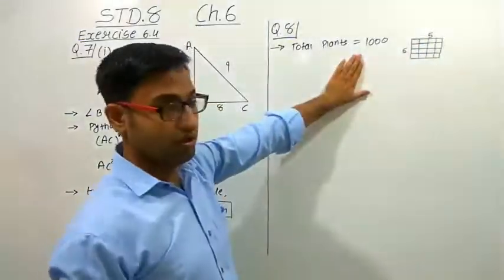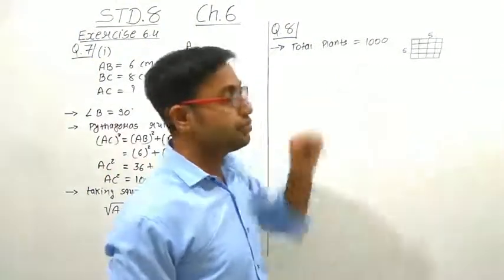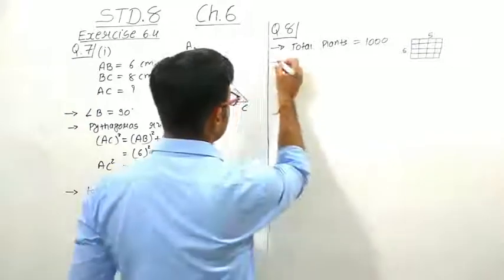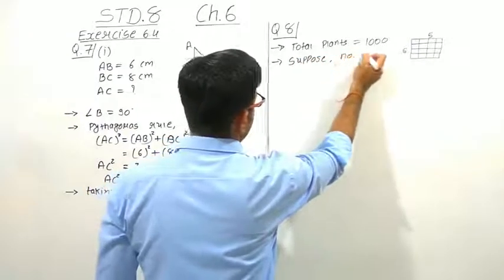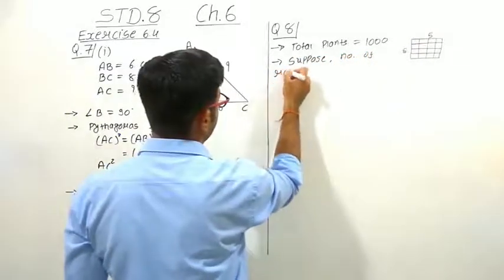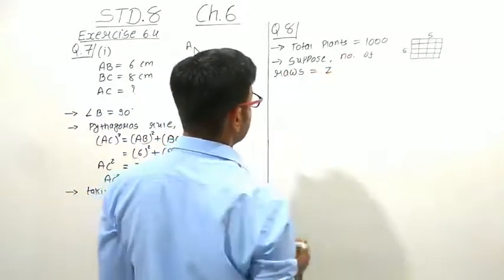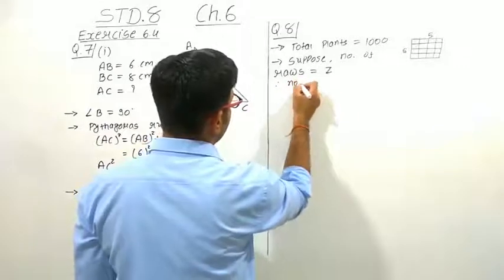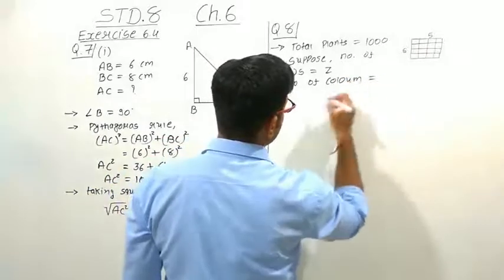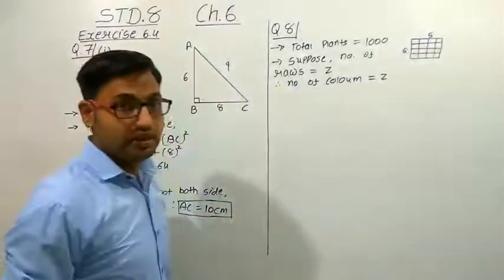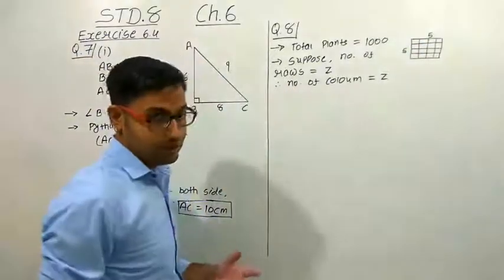But here we don't know how many rows or how many columns he needs to arrange the 1000 plants. So let us suppose the number of rows is equal to z, and therefore the number of columns will also be equal to z, right? Because both must be equal, as stated in the question.